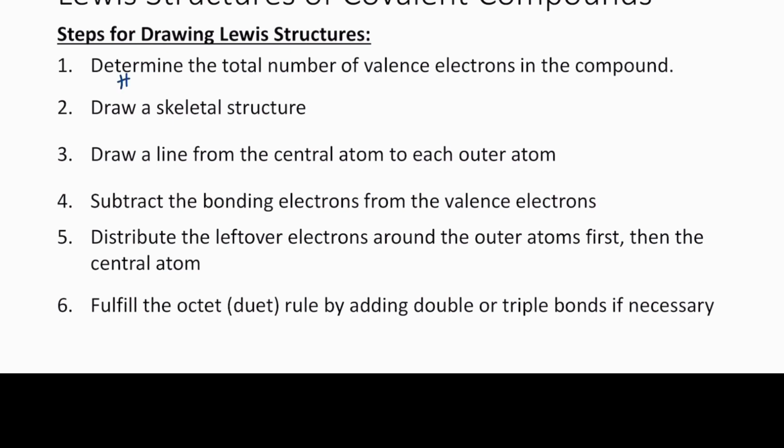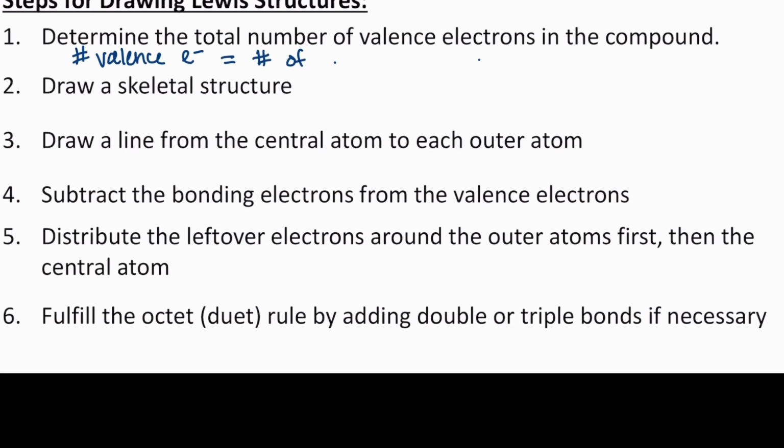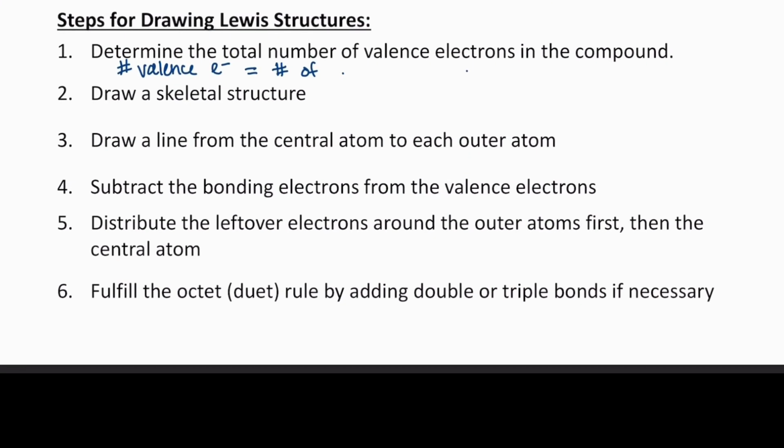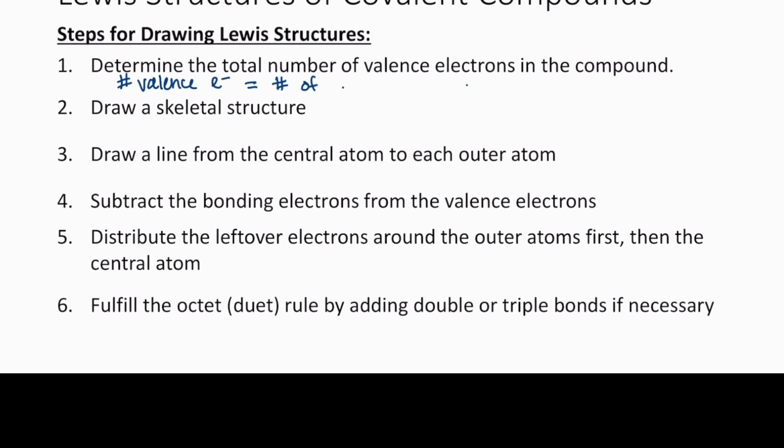So the number of valence electrons needs to equal the number of electrons in the Lewis structure.